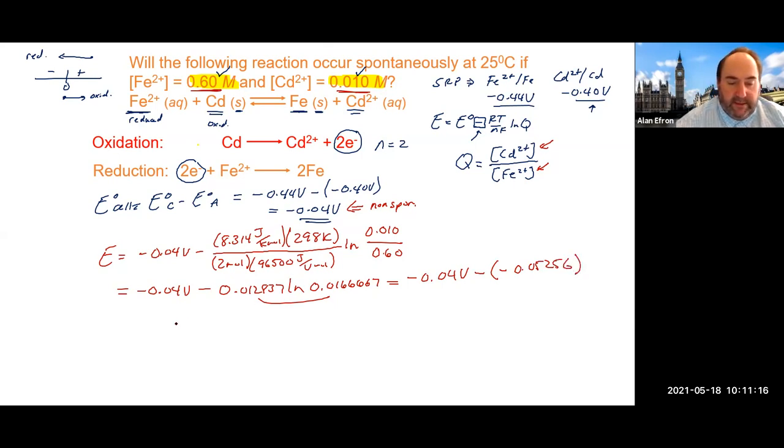At this point, we could subtract those numbers: minus 0.04 minus that number there. That gets us a voltage of 0.013 volts in this particular case. Any questions on any of those steps?